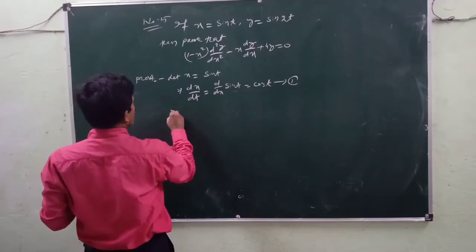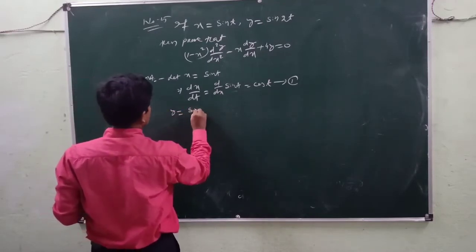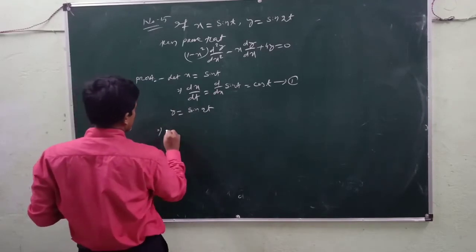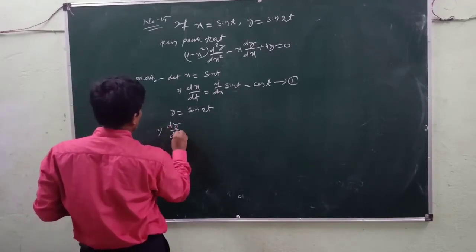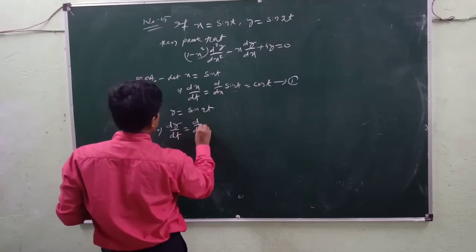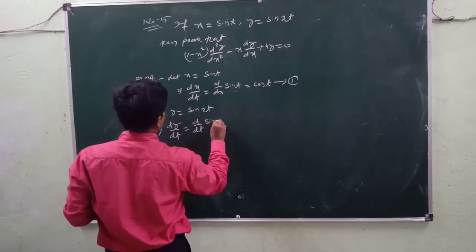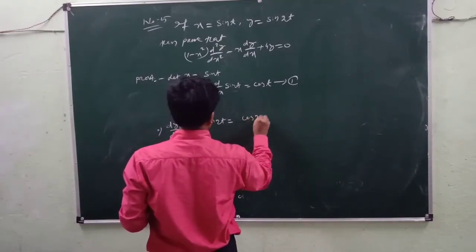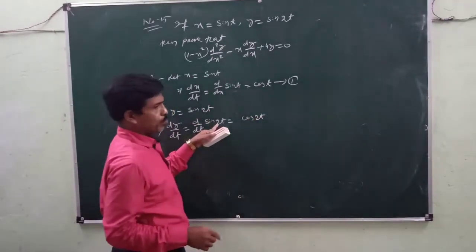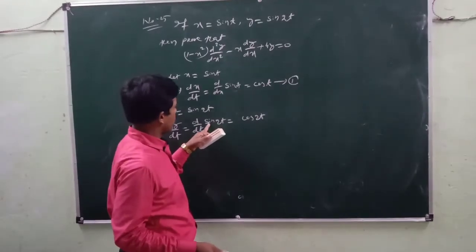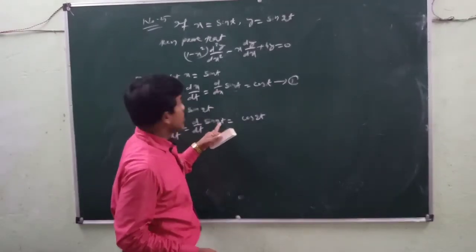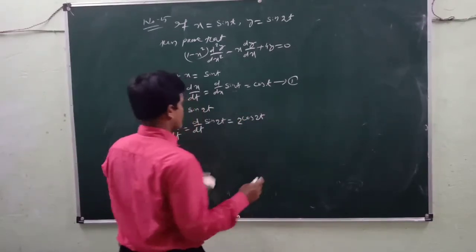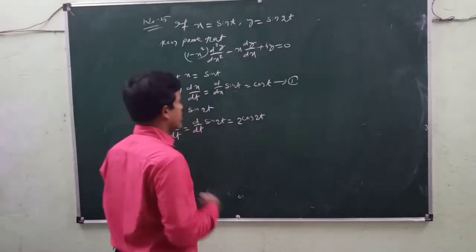Again y equal to sin 2t, that implies dy by dt, that is d by dt of sin 2t, equal to cos 2t into derivative of 2t, that equal to 2. That means it is the formula of sin of f of x, cos of x into derivative of x. So it will be this type, 2 cos 2t.